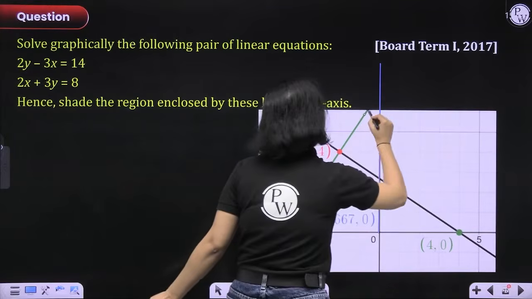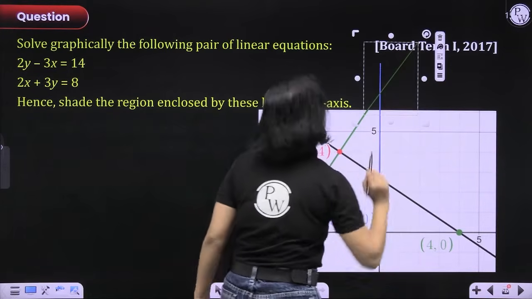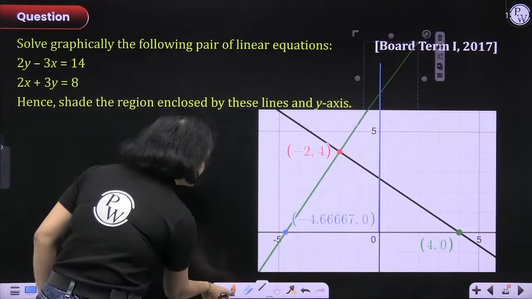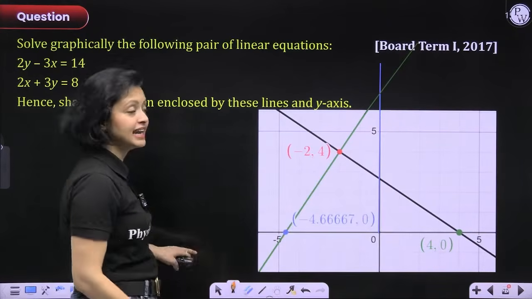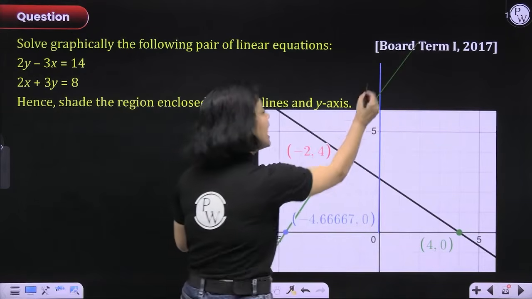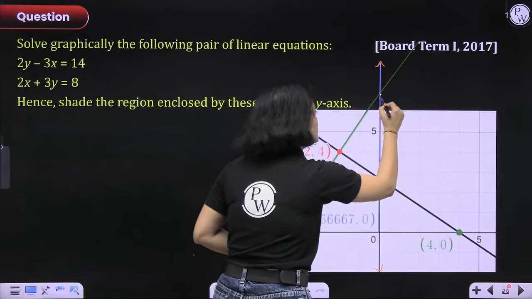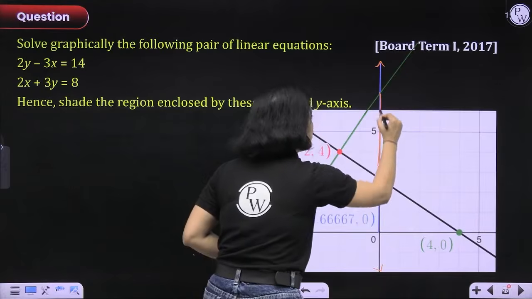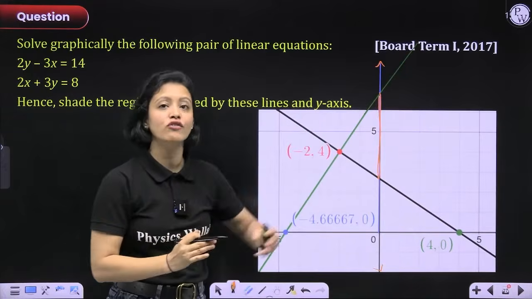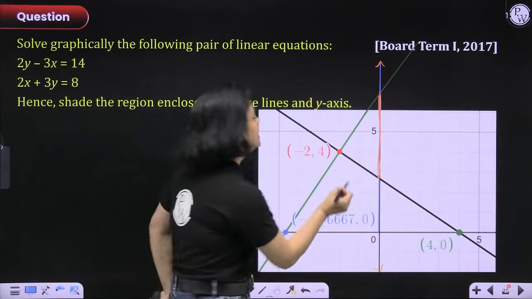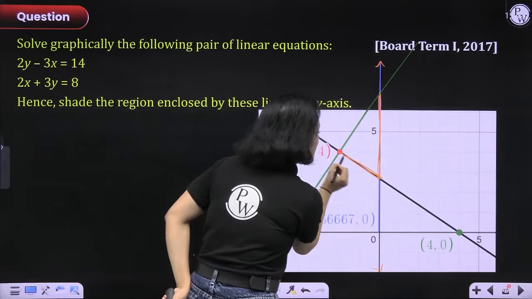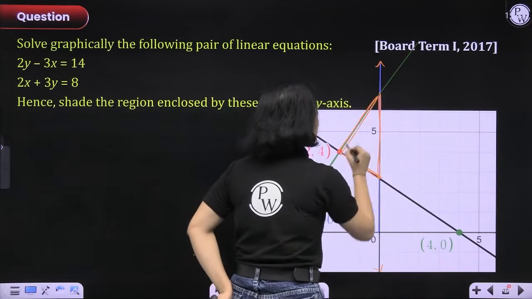Okay, this is done. Okay, everyone. So we have to shade the area that is enclosed by both the lines and y-axis. So this is your y-axis. So this is forming one line of the triangle that you will see now. Now this here is part of one line and this here is a part of another line, right?